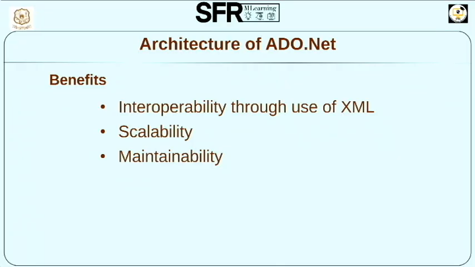The second benefit is scalability, through the disconnected dataset, which means connections are not maintained for long periods. Database locking does not occur in this. The third benefit is maintainability. The separation of data logic and user interface creates maintainability in ADO.NET.